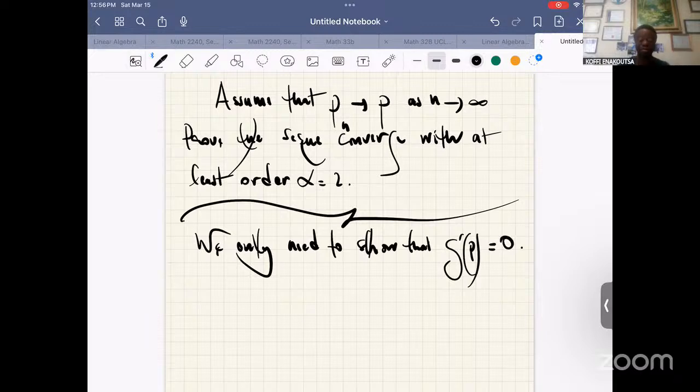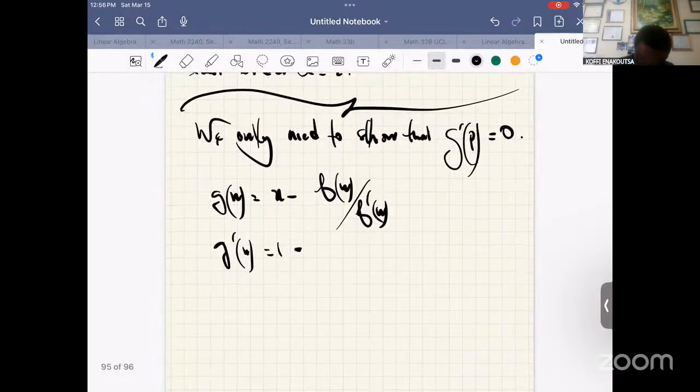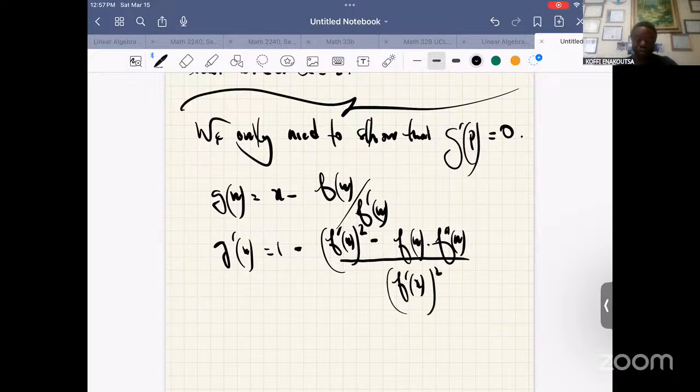Plus the argument that I developed earlier. So if you look at the g of x, it is x minus f at x over f prime at x, but g prime at x is 1 minus f prime at x squared minus f at x f second at x, then we divide by f prime at x raised to the square. Okay, so that's g prime at x.